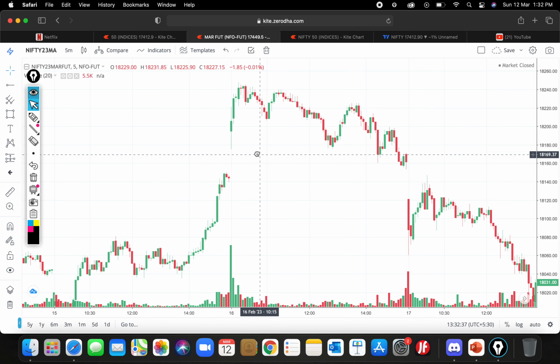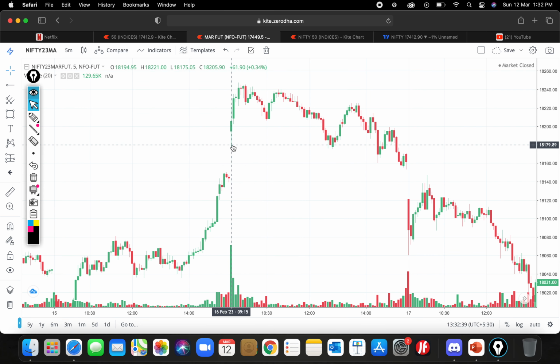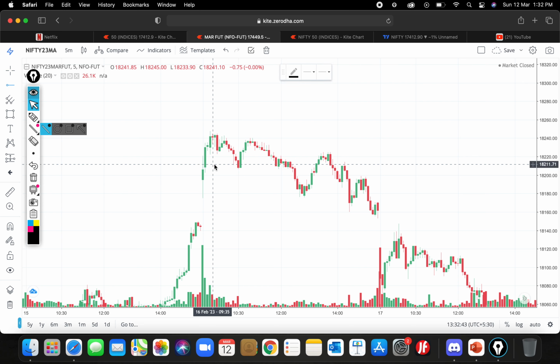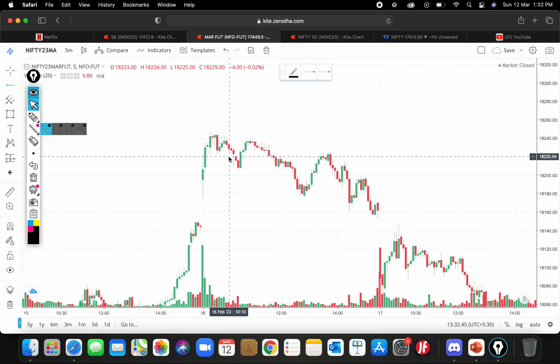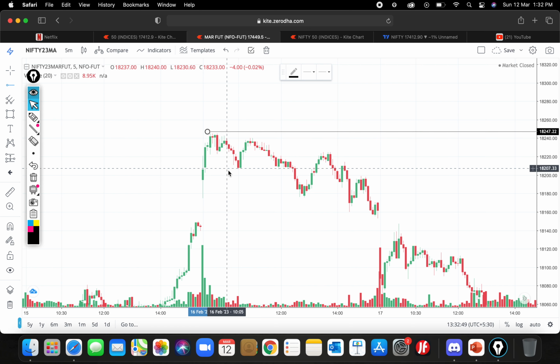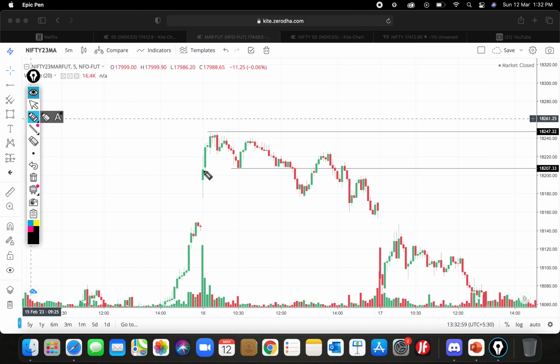Okay, let's see here. The next day we had a gap up, so we'll be marking our resistance first. Our resistance was confirmed right here. This was the resistance level, while a support was created here, and this was a support level. Once a support and resistance were created, let's see the market activity inside the range.